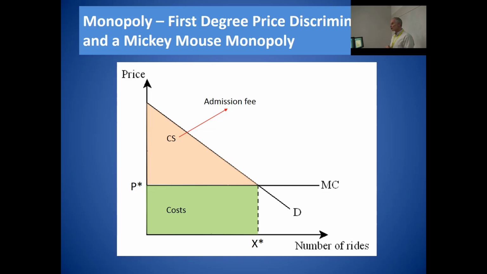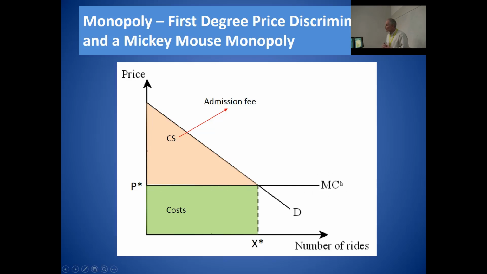Well, you don't, but when you go to theme parks, the marginal cost of a ride isn't zero, but it's sufficiently close to zero that it's not going to be worthwhile for theme parks to collect that extra tariff from customers. So essentially, for all intents and purposes, we can assume that it is zero.